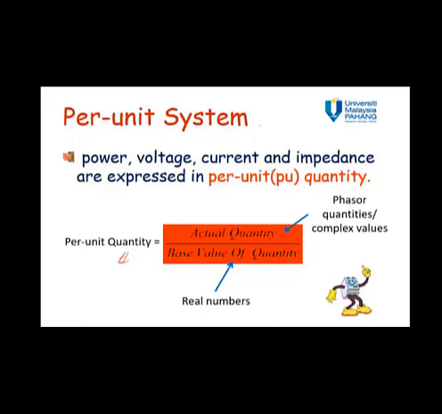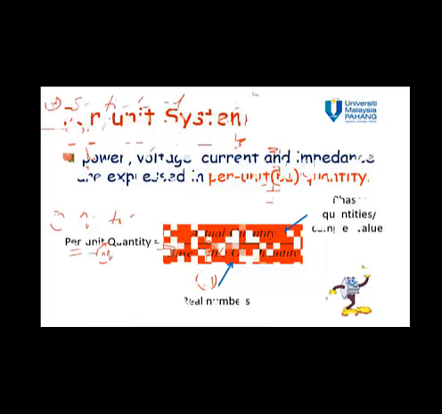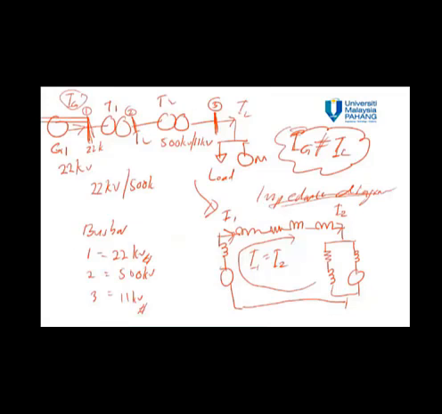Then we can analyze our circuits as electronic circuits as usual. If we did not use the per unit system, as I mentioned earlier, you cannot simply say that I1 is equal to I2 because the voltage level is different.